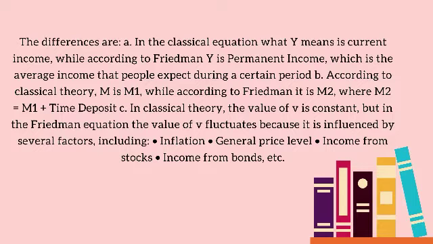And B, according to the classical theory, M is M1, while according to Friedman, it is M2, where M2 includes time deposits. C, in classical theory, the value of V is constant, but in the Friedman equation, the value of V fluctuates because of several factors, including inflation, the general price level, and income from stock.